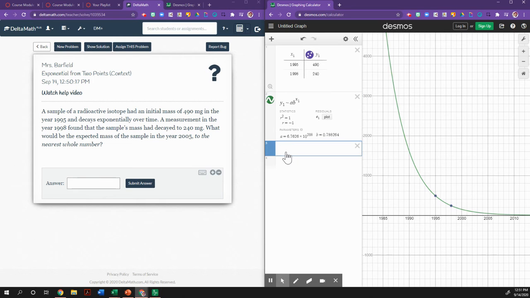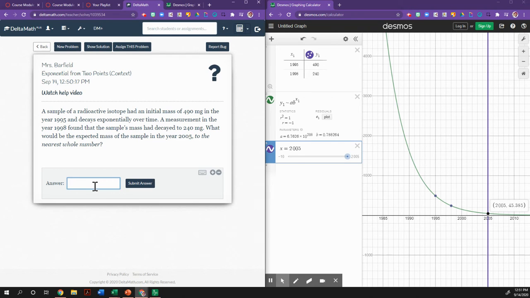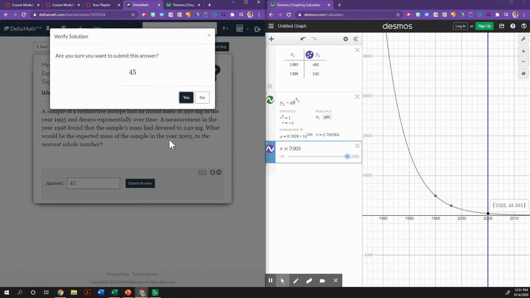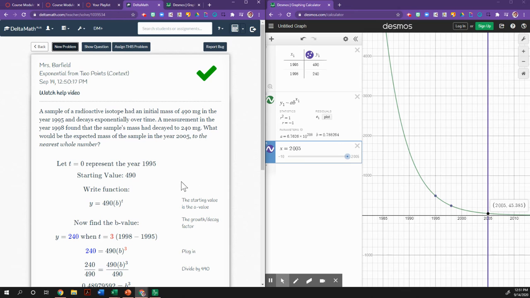So x equals 2005. And it says right here that in 2005, it's going to be approximately 45.385 milligrams. Well, it says round to the nearest whole number, so that would be 45. Submit my answer, and there we go.